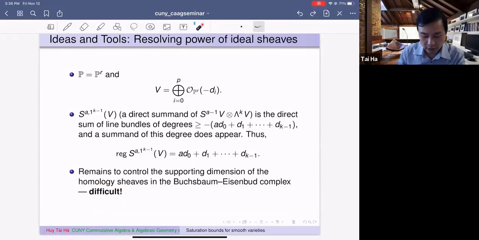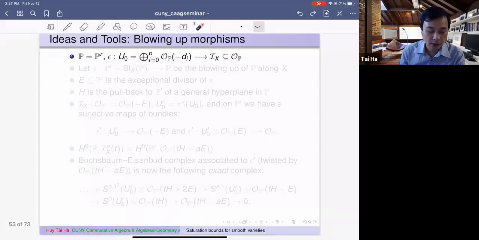Generally, another very common method that we see in algebra is, if you fall into a situation where things are not very nice, then you just blow it up and make things nicer. This is exactly the next step in our method. Again, I'm going to start with P^r being the ambient space.